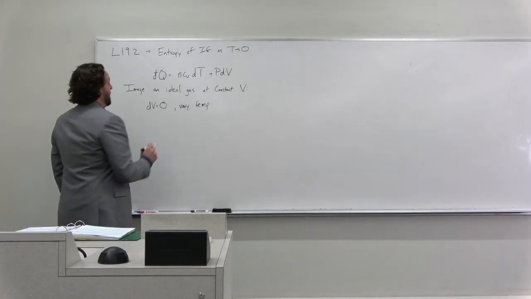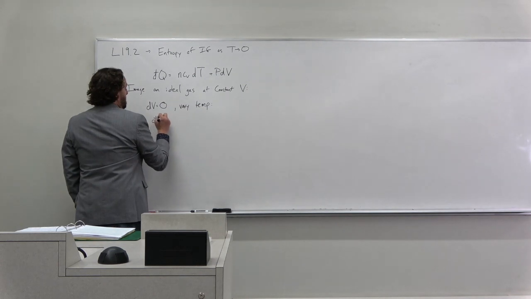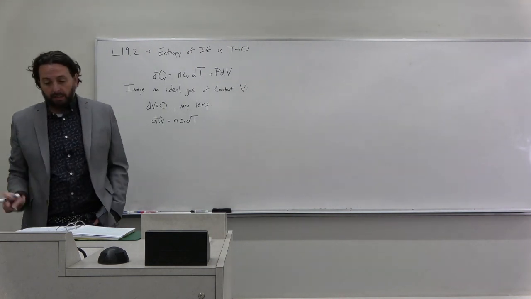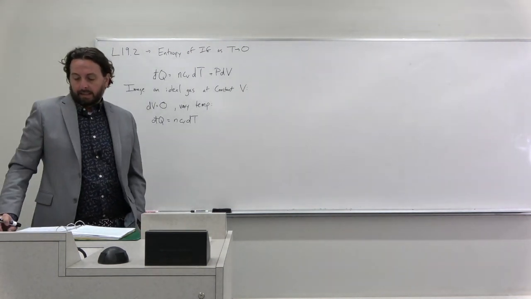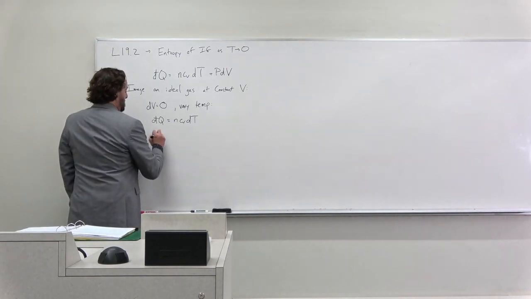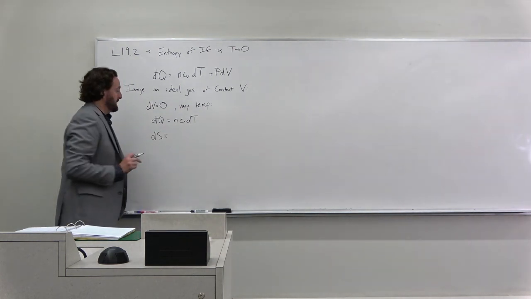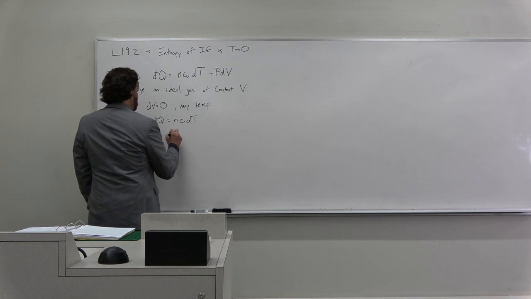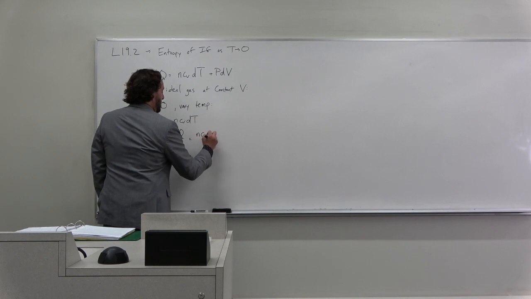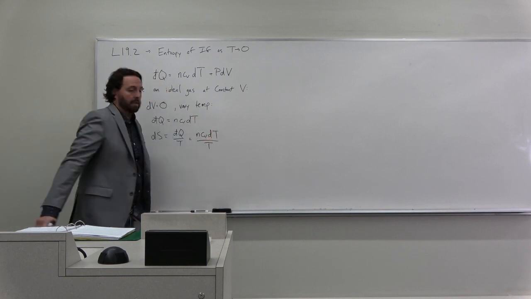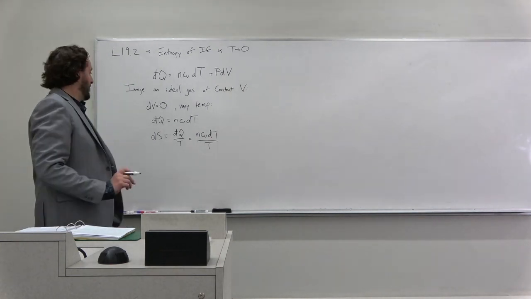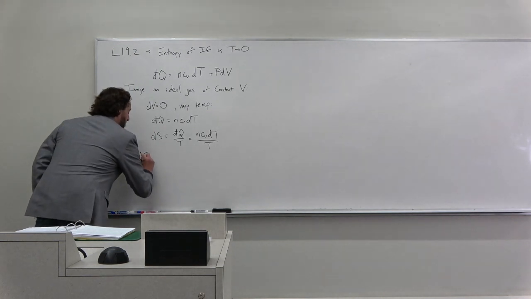Now, our dV is going to be 0, so we're going to have dq is N CV dT. This is going to be a completely reversible process, so we can write down what dS is. dS, remember, was dq over T, which was N CV dT over T. Okay, so let's calculate delta S for this process.